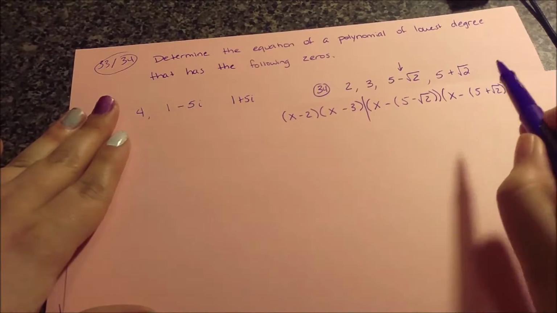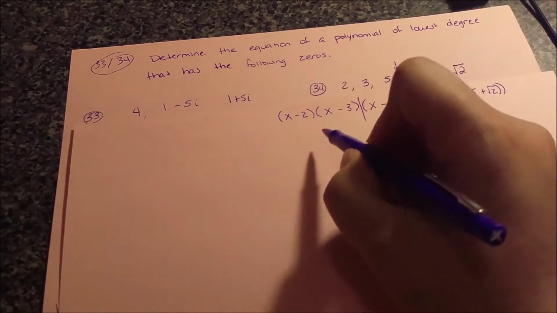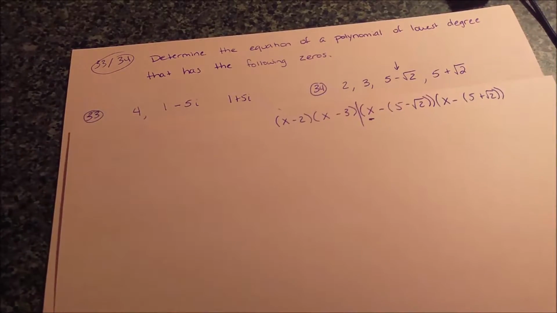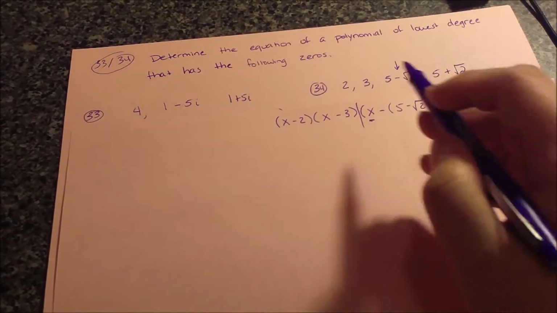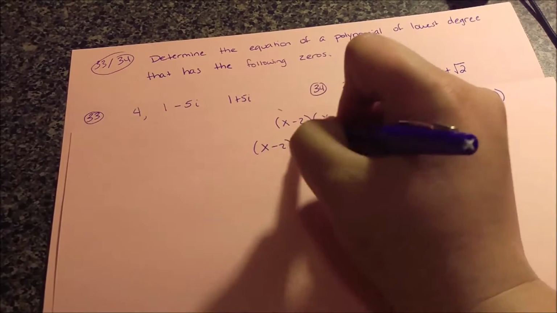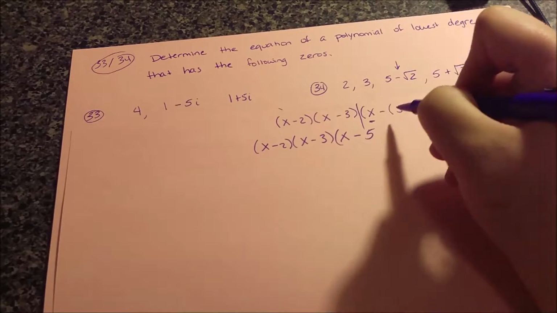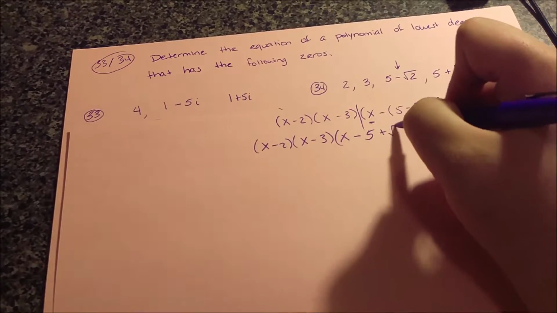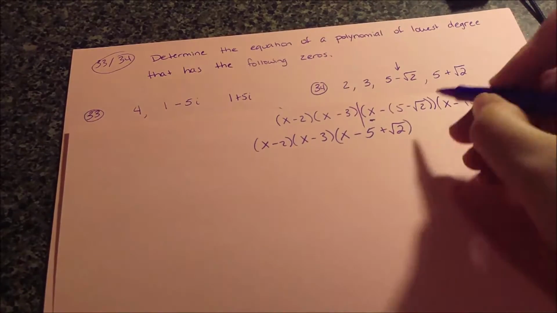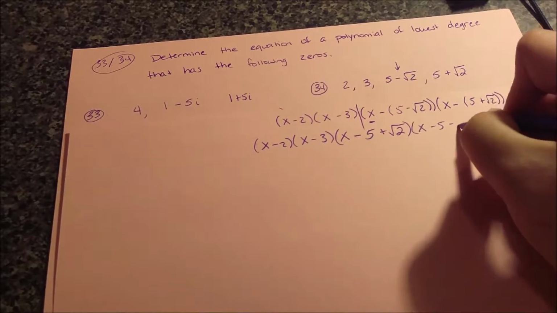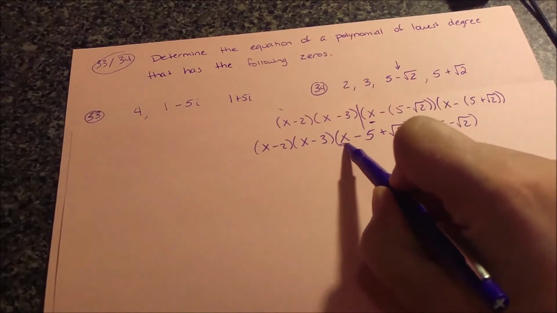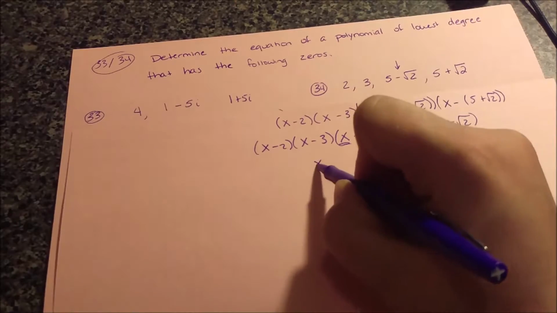I'm actually going to do these first because they're going to take up the most space on my paper. So as usual, I start by distributing the negative, which you could have done all in one step. I just want to make sure everybody can see how I get these factors. And now I'm going to pick a term, distribute it through.